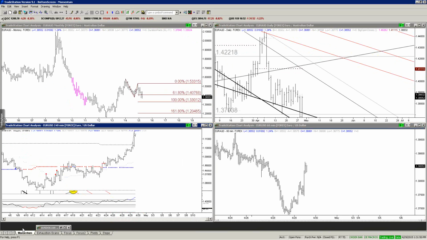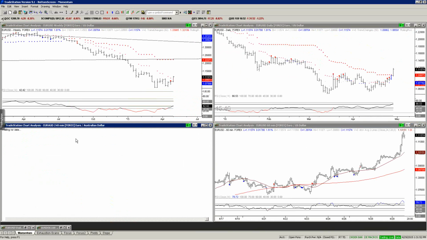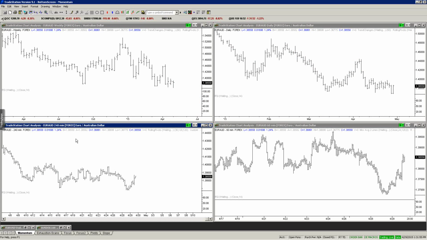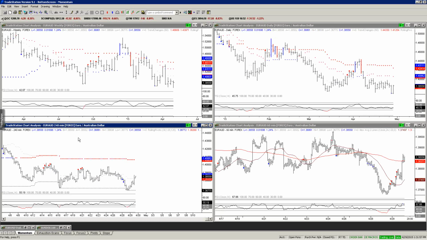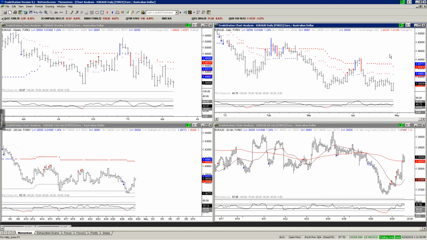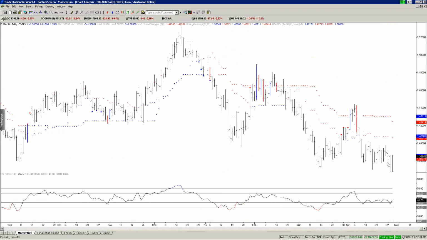We look at momentum for Euro Aussie. Again, look at what happened here at the low.